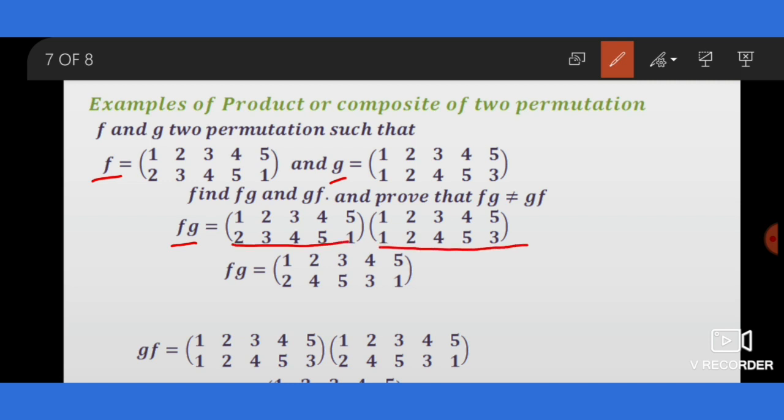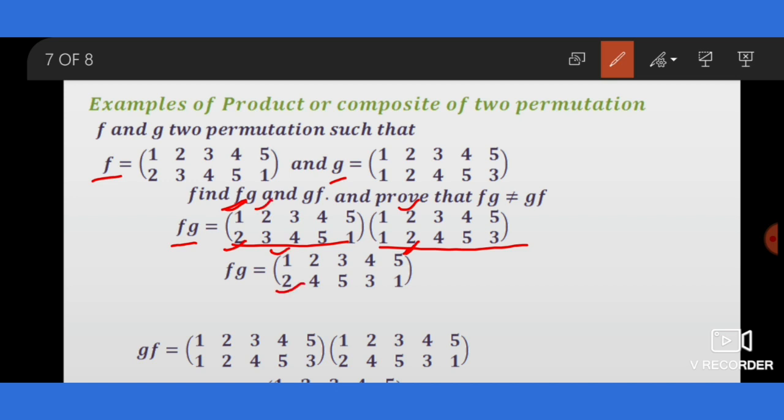Now 1 is replaced by 2 and 2 is replaced by 2, then 1 is replaced by 2.